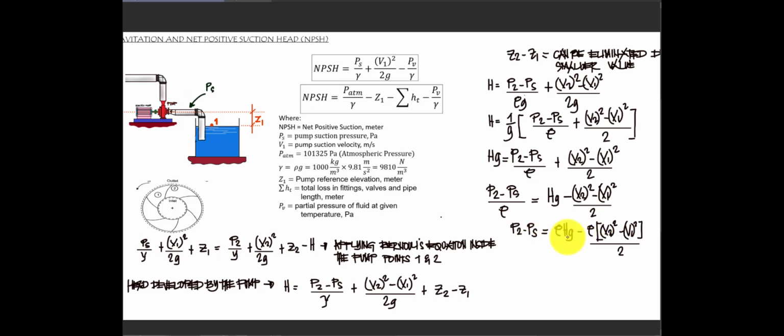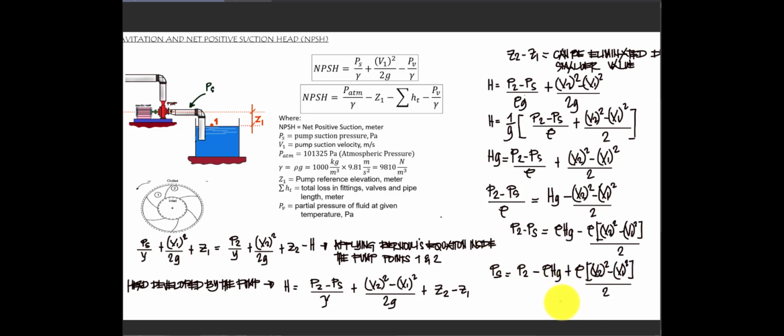Now, to get the pressure of the suction, we can transpose this and rewrite our equation: the pressure suction is equal to pressure 2 minus density times the head times the gravity, plus density multiplied by velocity 2 squared minus velocity 1 squared, divided by 2.